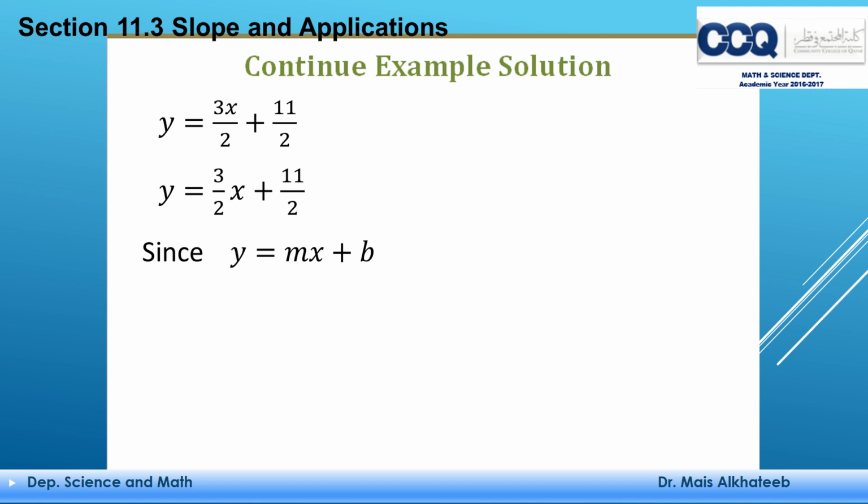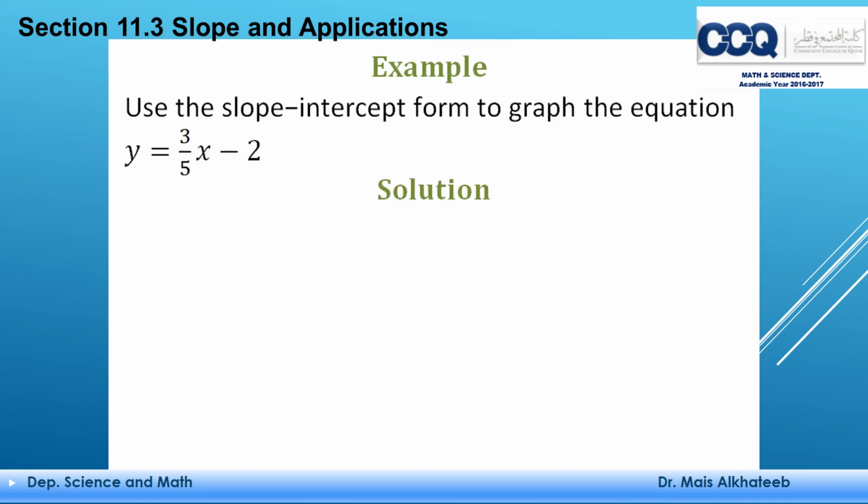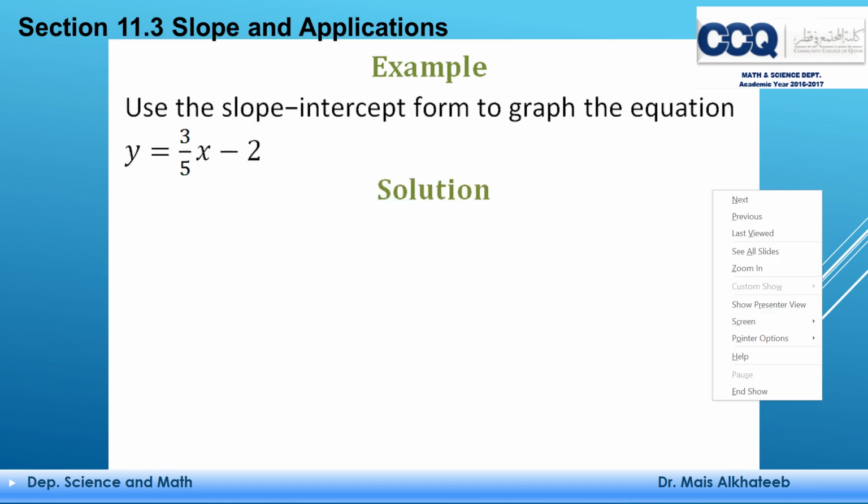If I compare it with y equal mx plus b, 3 على 2 it's the m and b هي 11 على 2. اوكي. إذا I get the slope هو 3 على 2. هذا السلوب هو positive. اوكي وبالتالي التابع متزايد.